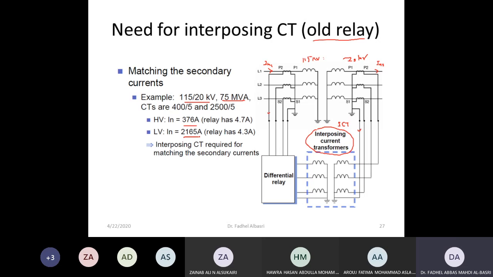That gives me 2165 ampere. This is the primary and this is the secondary current at the transformer's terminals.